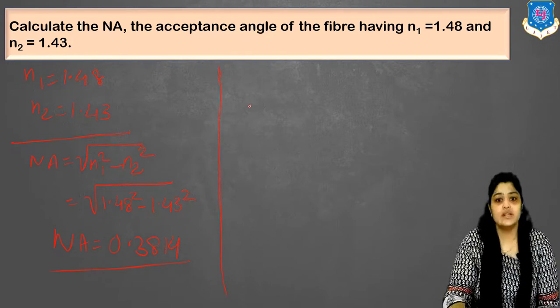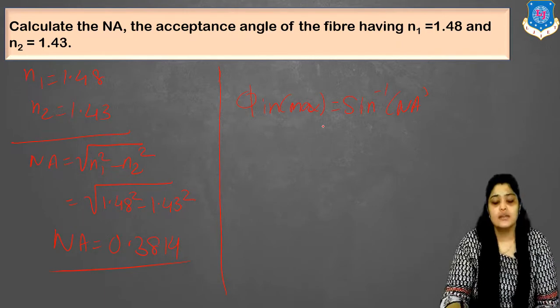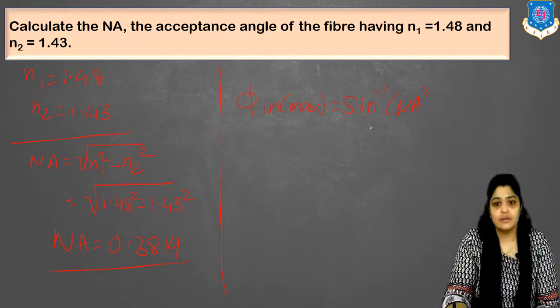Now we know the relation between acceptance angle and numerical aperture: phi in max equals sine inverse of NA. So we have sine inverse of 0.3814, and I get phi in max as 22.4 degrees.